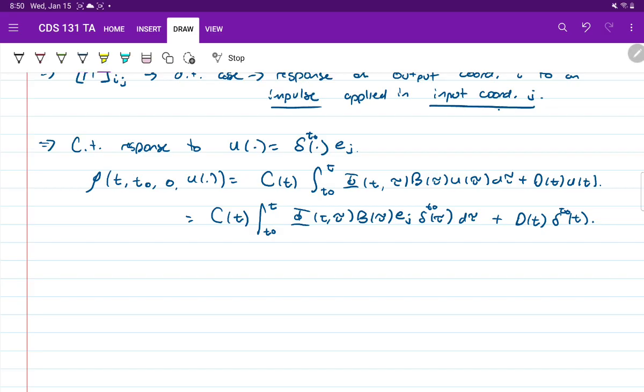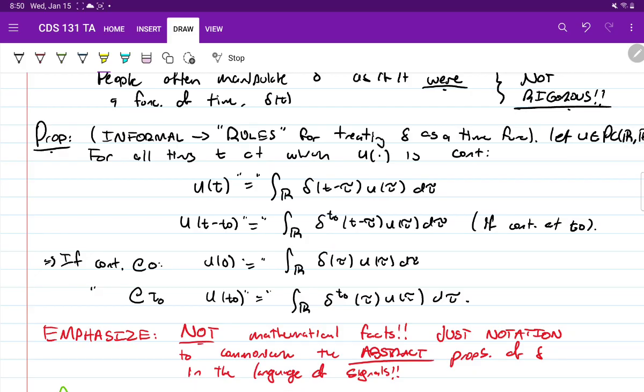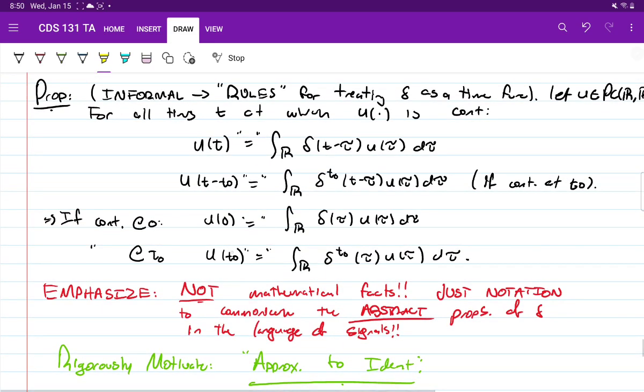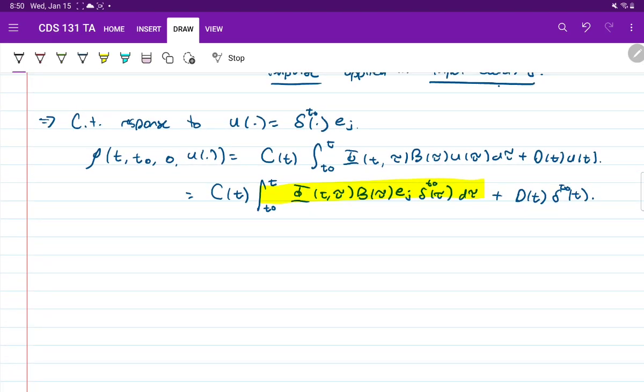Okay? So let's just take a look at this integral over here. And applying our second informal integral rule, or excuse me, actually this one over here, what we're going to find is that this integral just picks out the value at time t naught. Okay?